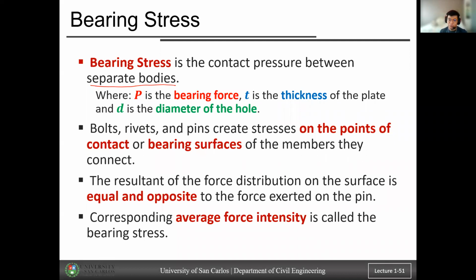Okay, so average force intensity is called the bearing stress. So again, drop the term average. You can just call it bearing stress. So far we now have three types of stresses: normal stress, shear stress, and then bearing stress.